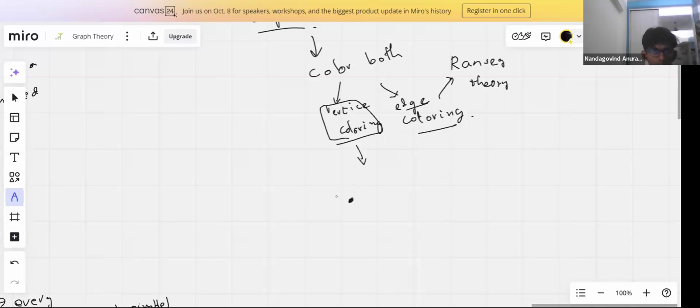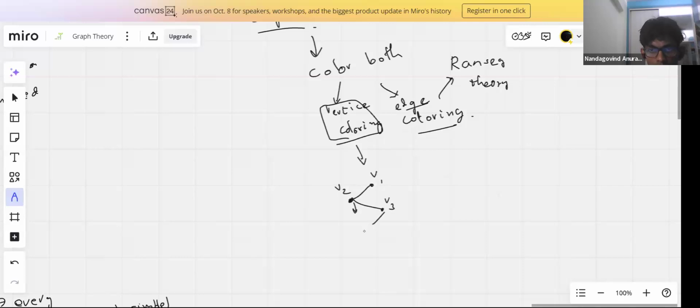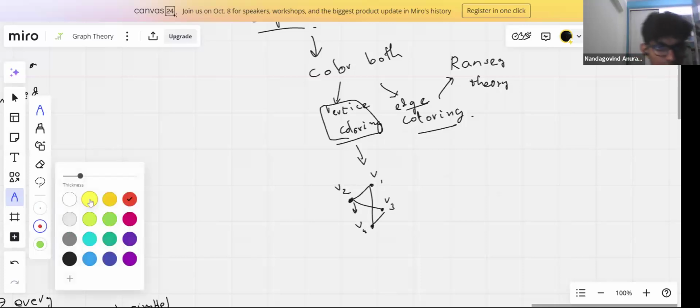Here I have a graph. V1, V2, V3, V4. Does this seem like a nice graph to you guys, or do you want to mess it up? Sure, let's get this as the graph. I should probably be able to change the color. Yeah, I can change the color.